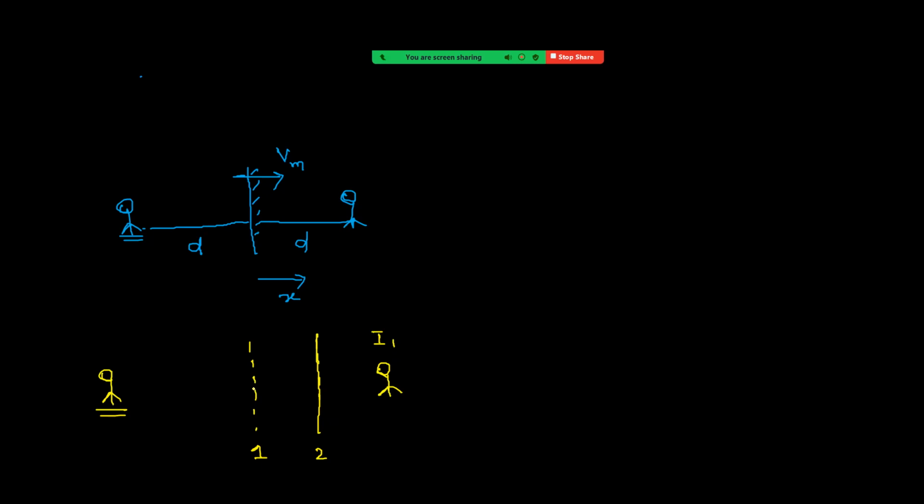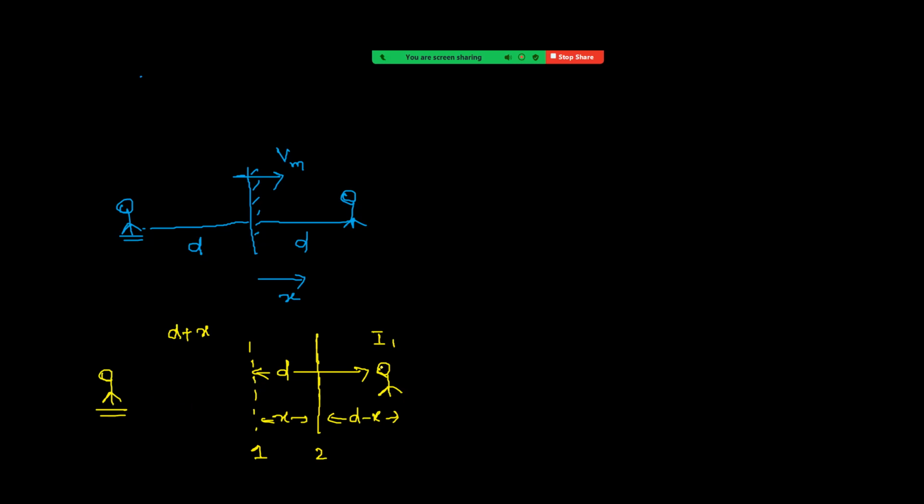From the position of the mirror, it is d. Now since the mirror moved x, this becomes d minus x. And you can see the distance of the object from the new position of the mirror is d plus x.